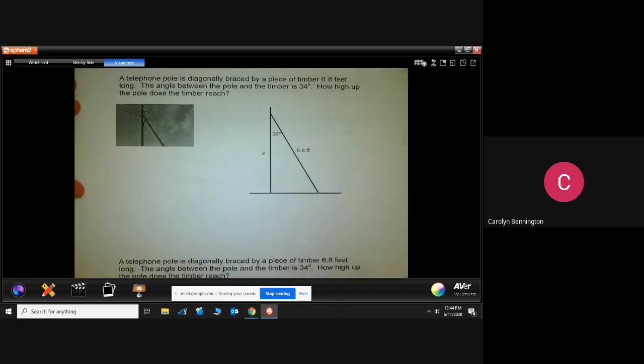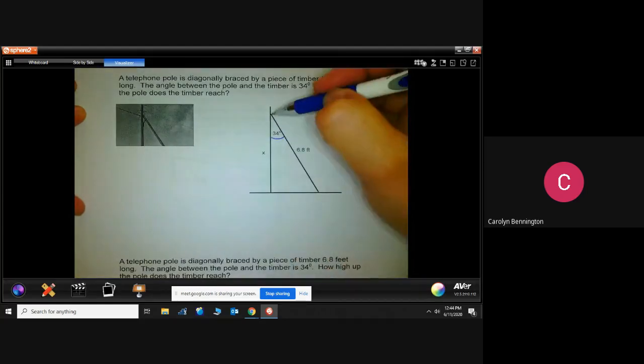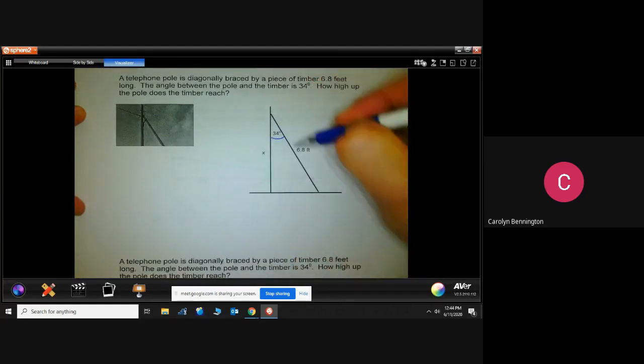So here's the diagram that we can work with. So we have our telephone pole. That's the vertical line. We know that the angle between the pole and the timber is 34 degrees. So that's this angle right here. So our telephone pole and the support wood is there.